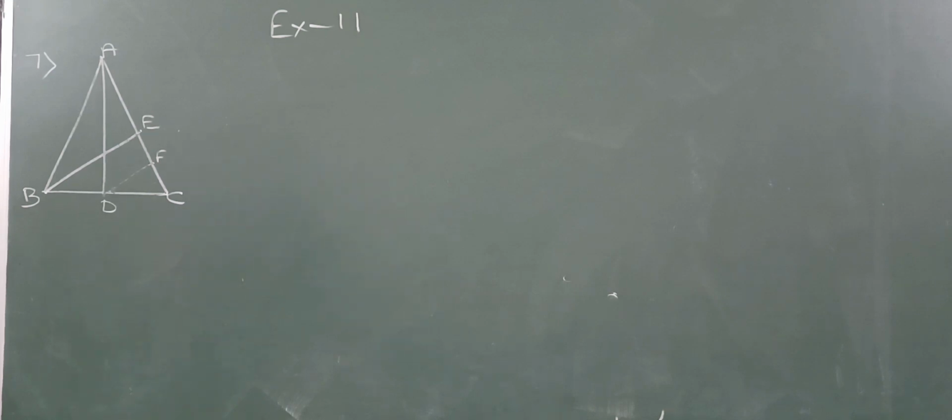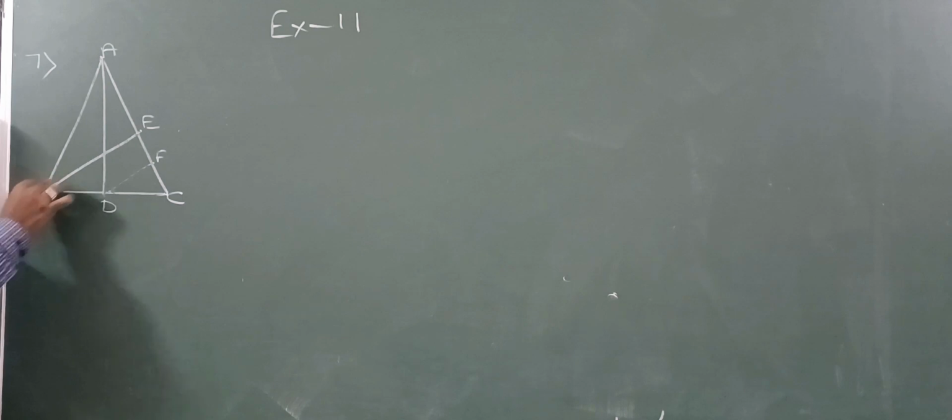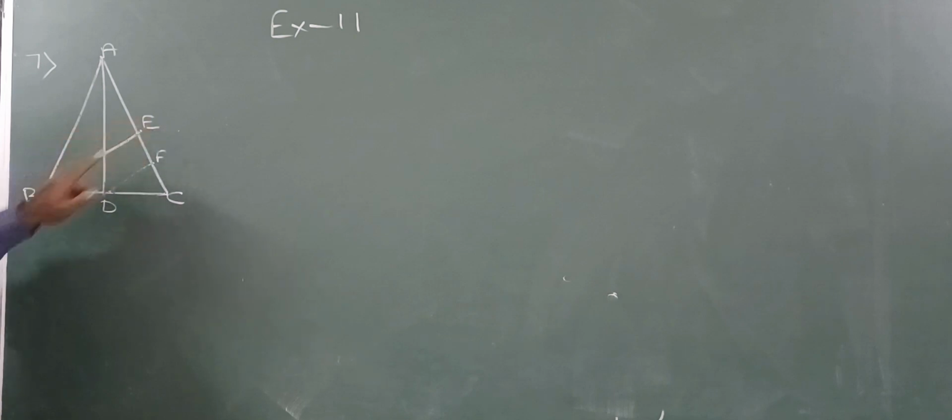Now see question number 7. In this question it says that AD and BE are medians. What does it mean? It means that D is a midpoint of BC and E is a midpoint of AC. This is given to you.